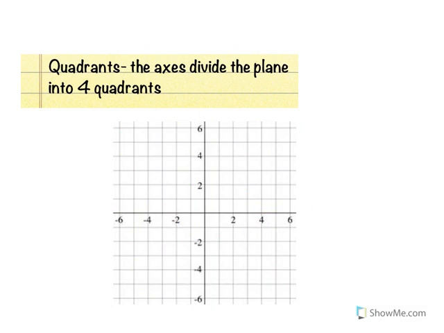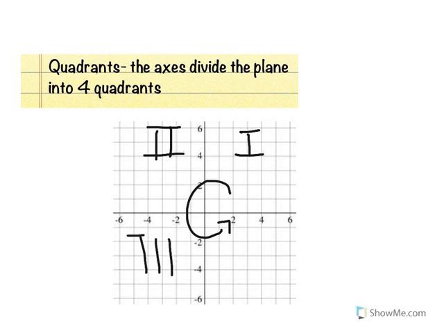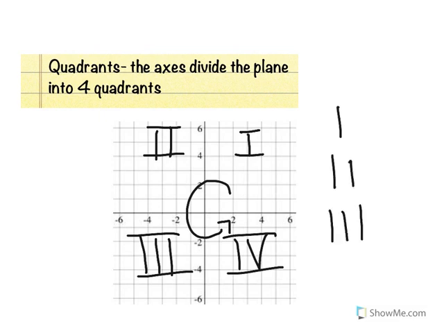I start here. This is quadrant 1. I have quadrant 2. From 1, I go counterclockwise. 1, 2, 3, and 4. And just a refresher, Roman numerals 1, 2, 3. This V is 5, and the 1 in front of it is like taking away 1.